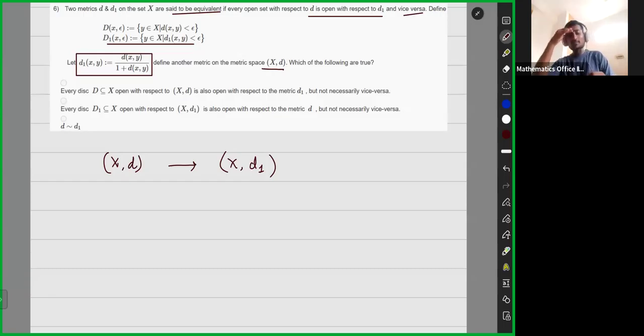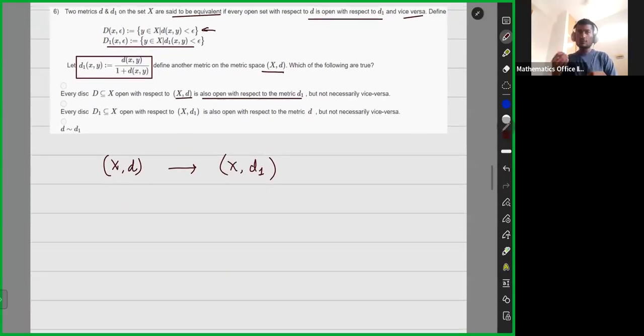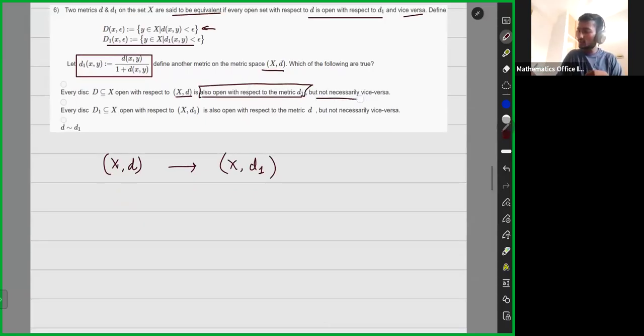Let's see the first part. Every disk D inside X is open with respect to (X, d). Of course, it is open. This disk is also open with respect to the metric d1. So how to show something is open? This is the main question. This is open, and not necessarily vice versa, that we'll see later.